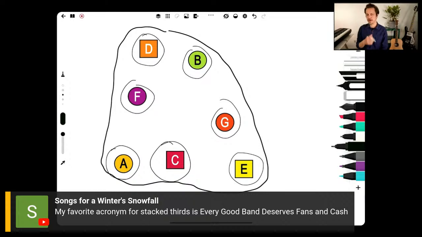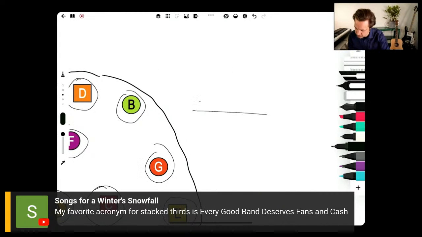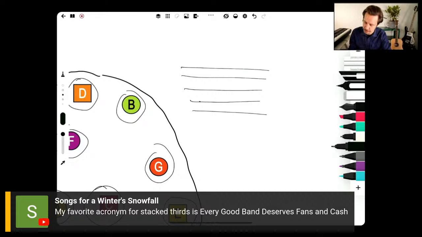When you look at the staff lines and spaces of traditional notation, it's a mnemonic to remember the spacing between the notes. Like I say, we'll dive into this in way more detail, but in the treble staff, you have every good boy or every good band deserves fans.